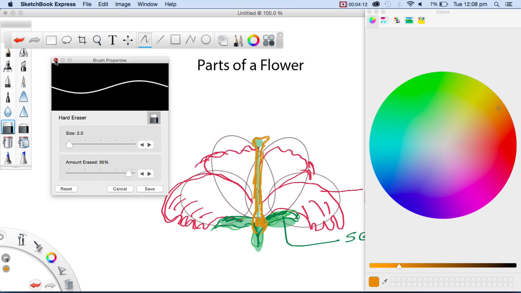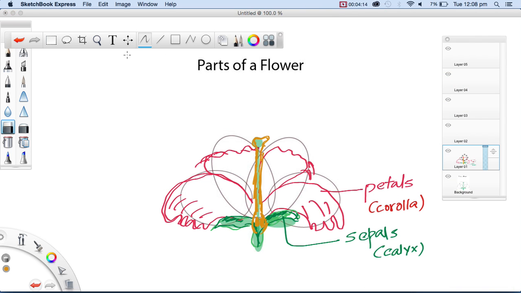So yeah, it's like a hollow tube. This part is known as the stigma. Now the stigma is actually made up of two parts. It's made up of the style, and you have the egg or ovary.